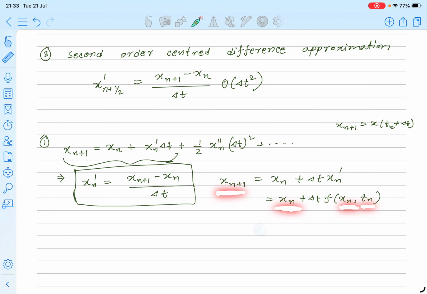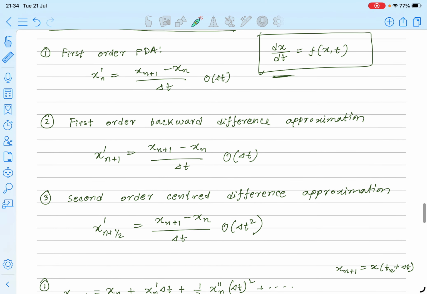That is why we go step by step: this is n, this is n plus 1, then n plus 2, always going in the forward direction. So this is called first order finite difference approximation. And since we are considering up to delta t order, that's why I wrote this is order delta t. Okay.